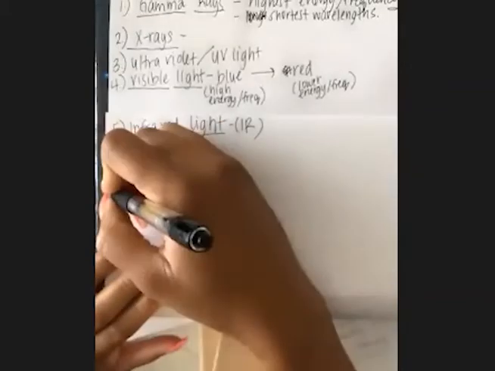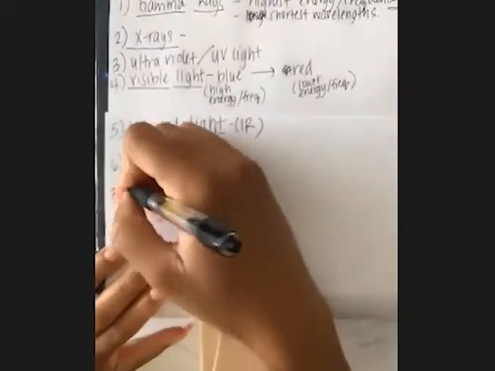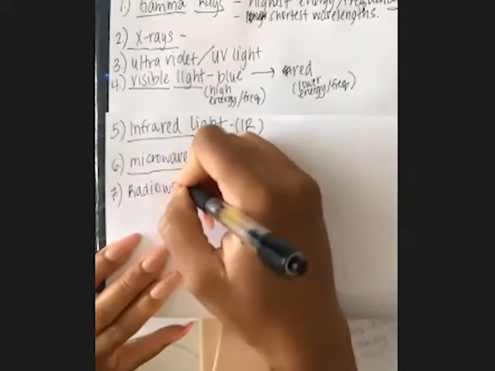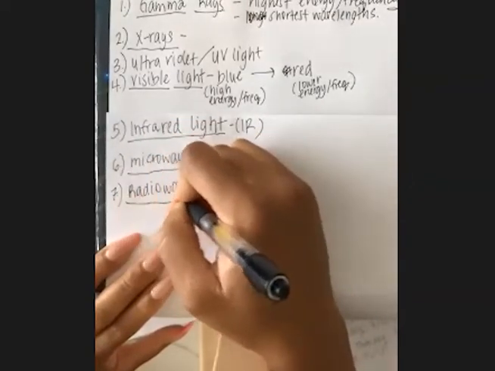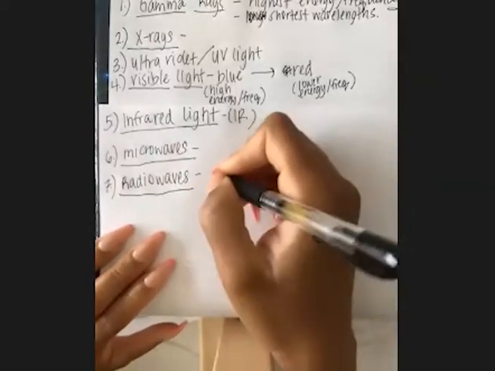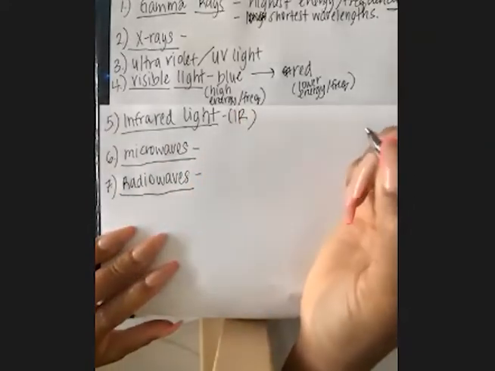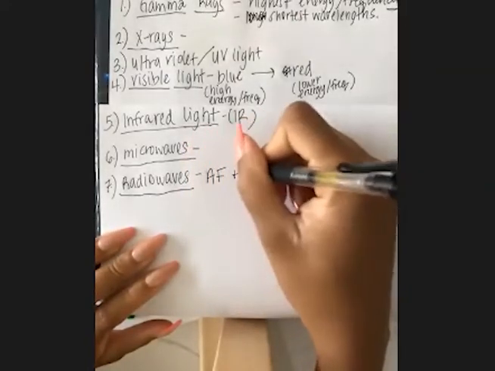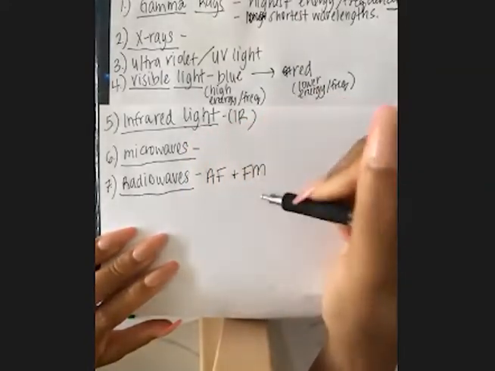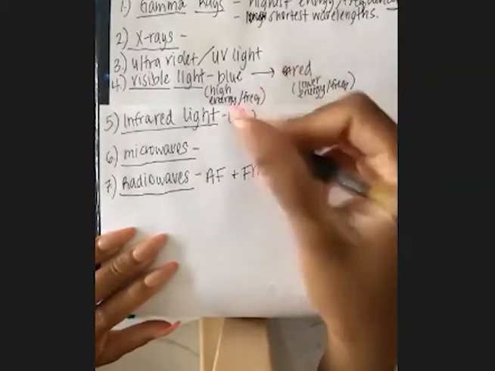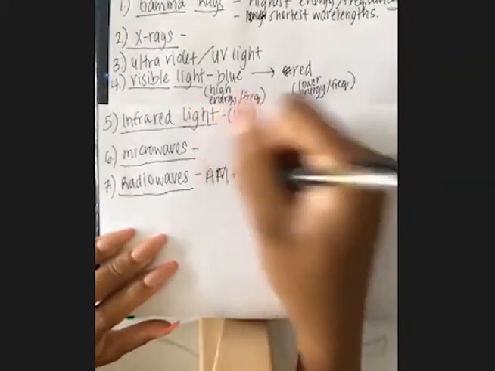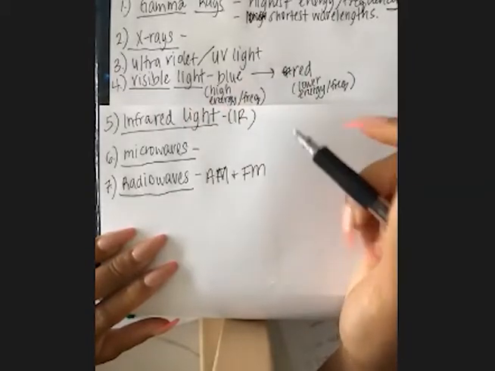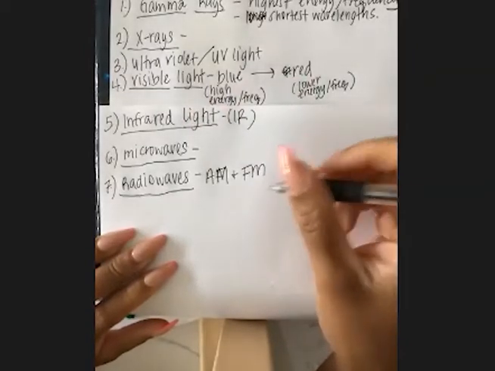And then the last one is radio waves. Radio waves transmit signals used by AM and FM radio. AM stands for amplitude modulated and FM stands for frequency modulated.